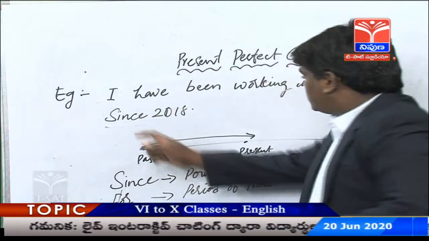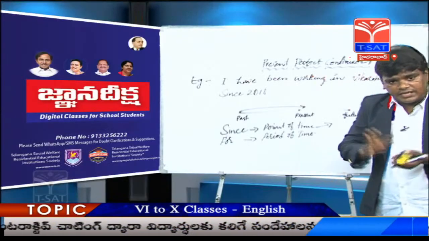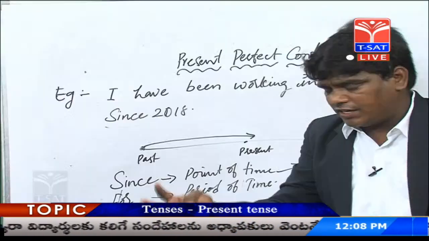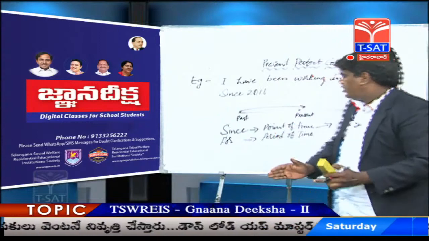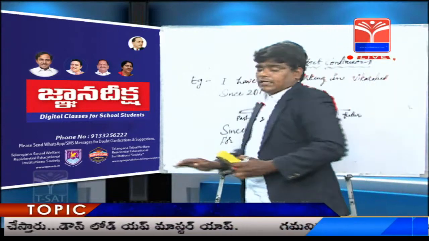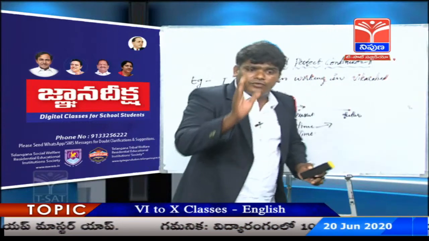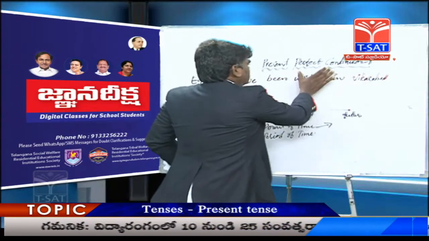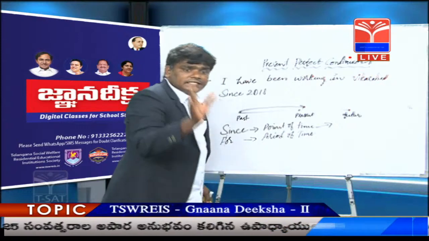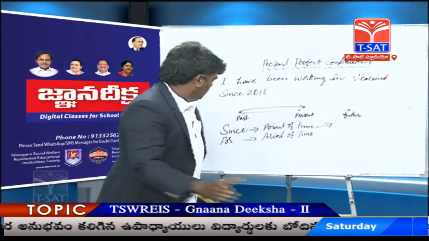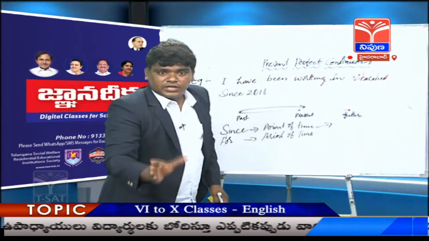So the starting point here is 2018, 2019, 2020. The period of time is 2 years. So when you are making use of since and for, we need to use present perfect continuous tense. Since is for point of time, for is for period of time.